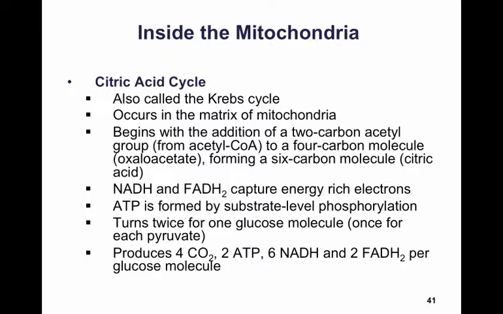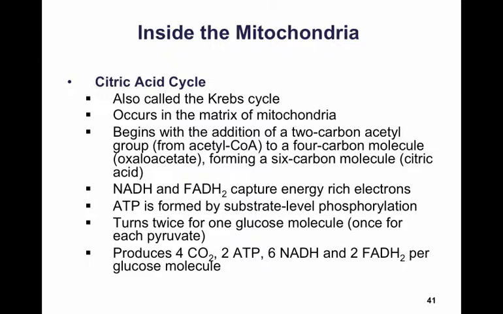During the citric acid cycle, the coenzymes NAD plus and FAD are reduced to NADH and FADH2, and ATP is formed by substrate level phosphorylation. Not a lot of ATP.